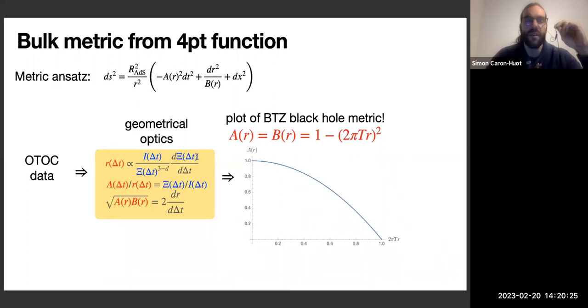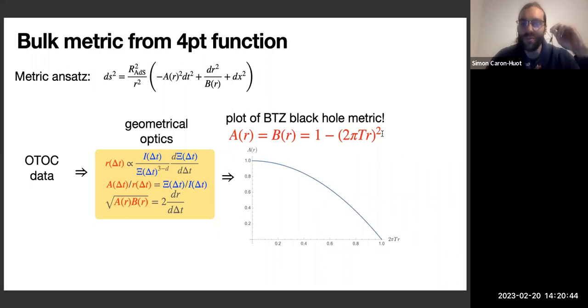And actually, you don't need to integrate anything. You just take derivatives of this data, and you extract the bulk metric, basically R, A, and B. And then you plot them.